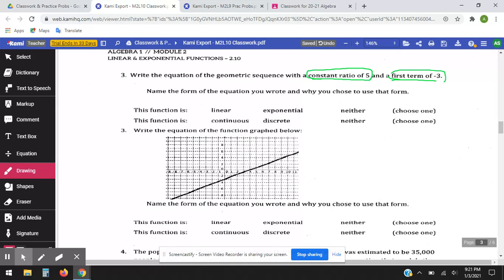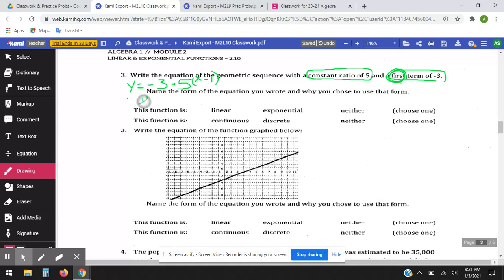So I like to do explicit. So if I use my first term of -3, constant ratio means I'm multiplying by 5 repeatedly. So that'd be 5 to the x. Or actually, x minus 1, because I have a first term, not a zero term.